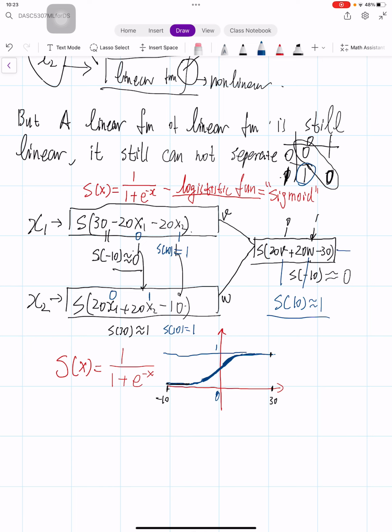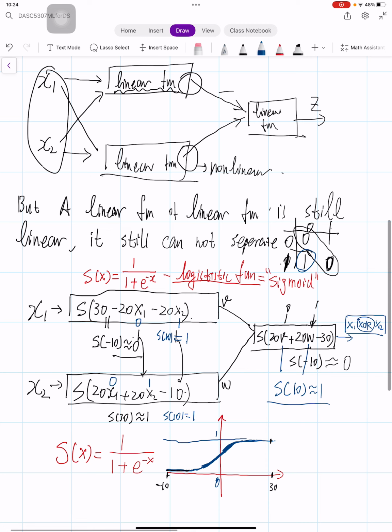This function gives us the output x1 XOR x2. But without this nonlinear transformation, you cannot do this.